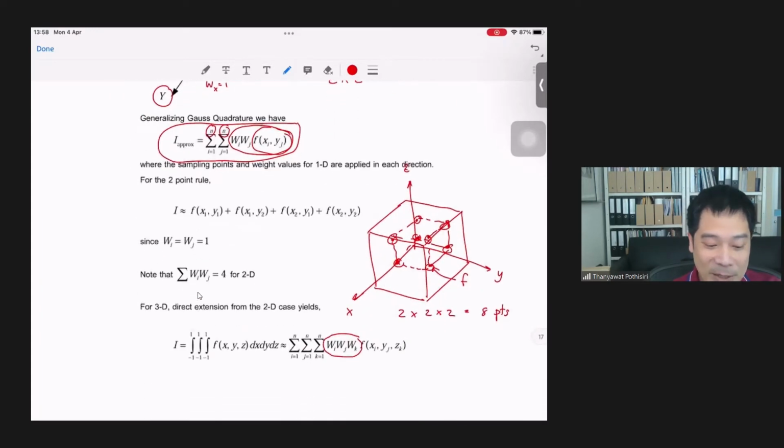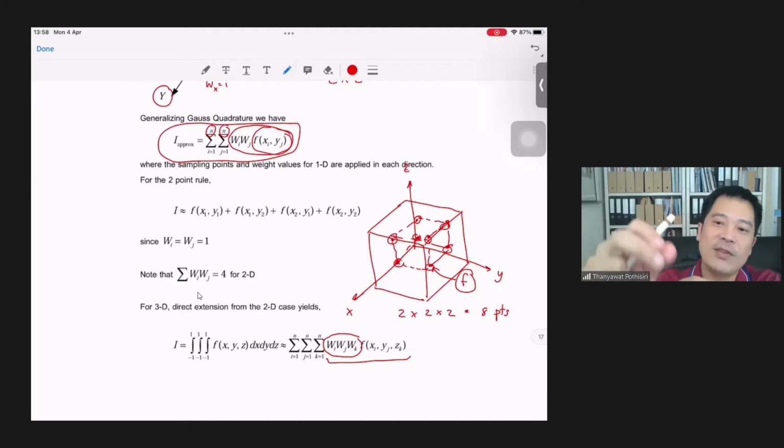Okay? But you can compute this weight multiplied with the function at the sampling point, okay, to obtain this term for one sampling point. And you do the same thing for each of the sampling points.